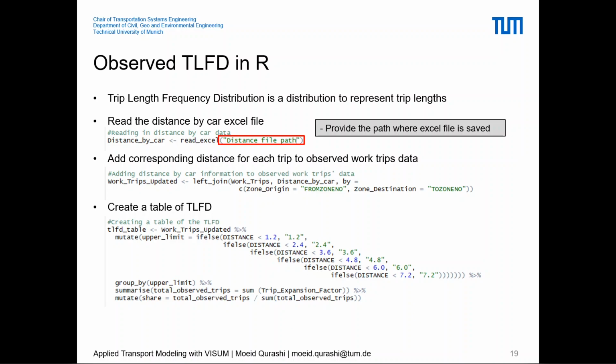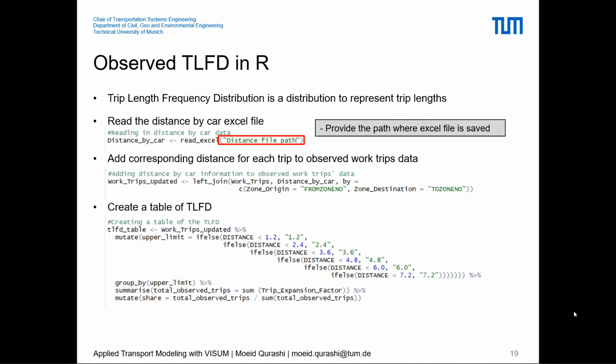That was the idea of filtering the work trips. Once we filtered all the work trips, we had a work trip table that we used to do the production rates. This is the same work table, and we'll try to left join or associate, based on from which zone to which zone, the distance of that trip.